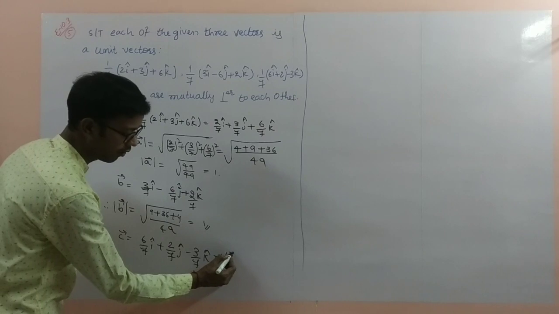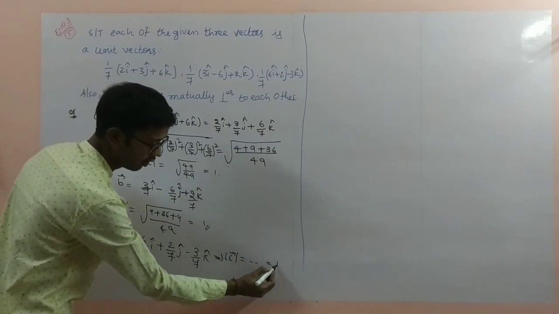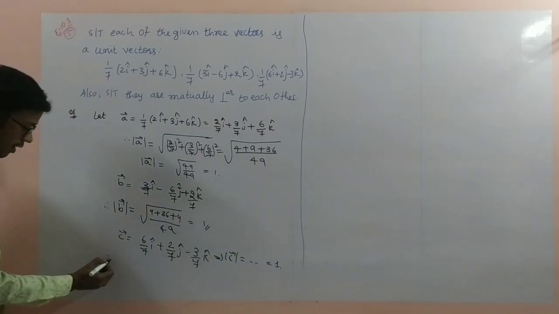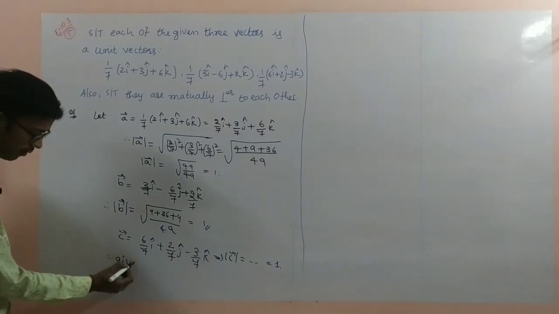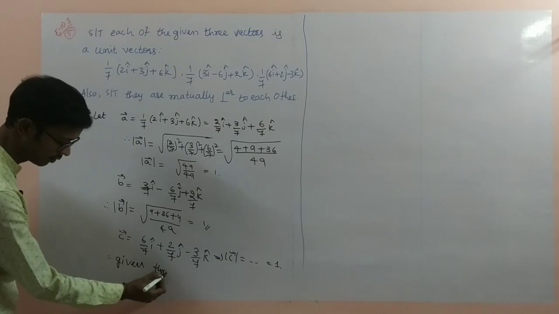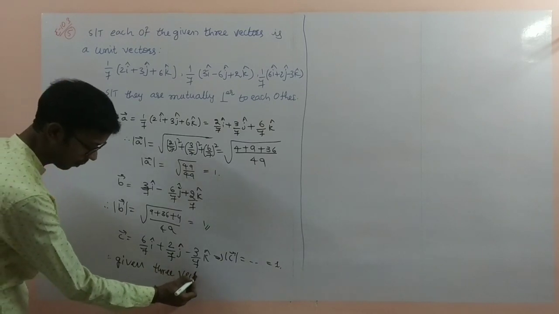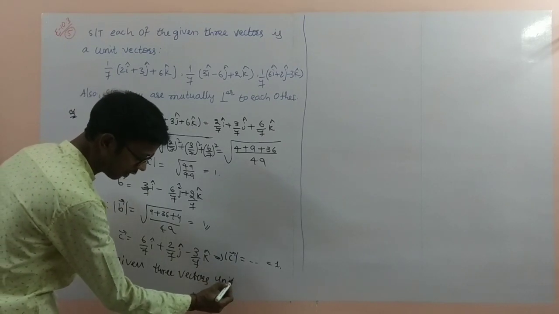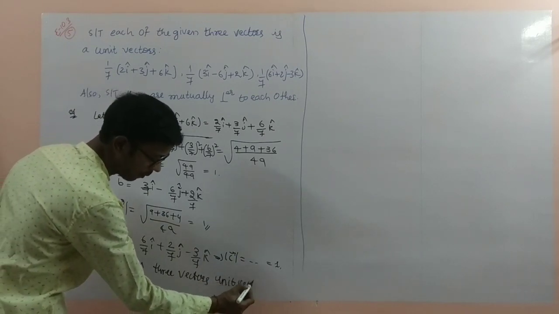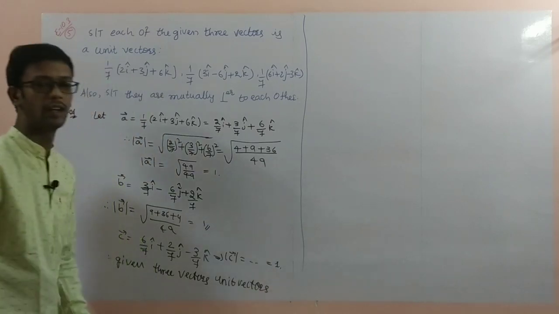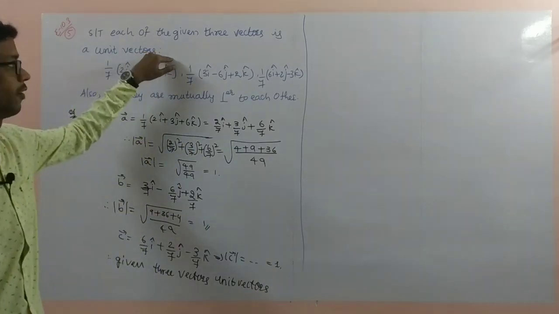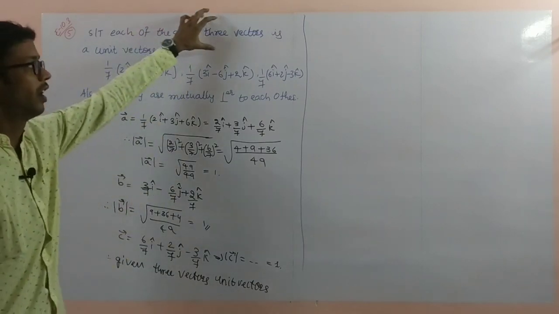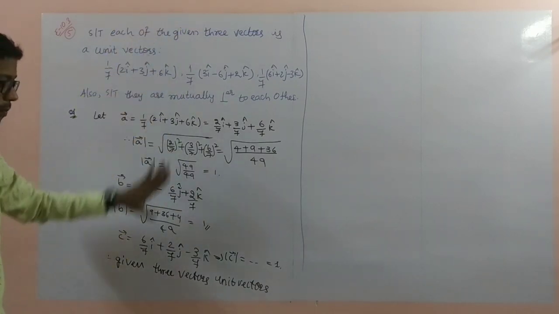Simplify the magnitude of C bar, and you will get magnitude 1. Therefore the given three vectors are unit vectors. The first part, showing that the three vectors are unit vectors, is completed.